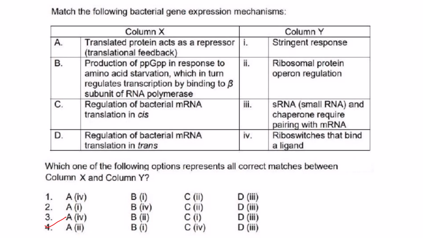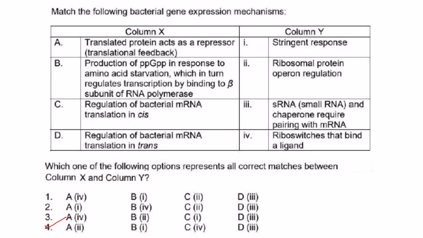Okay, now what is this? Production of ppGpp in response to amino acid starvation, which in turn regulates transcription by binding to the beta subunit of RNA polymerase. I told you it is a stringent response mechanism in bacteria. So B1. Then regulation of bacterial mRNA translation in cis. I told you it involves RNA thermometers and riboswitches. So riboswitches that bind a ligand, C4.